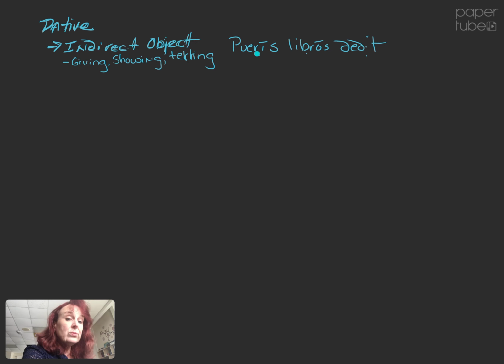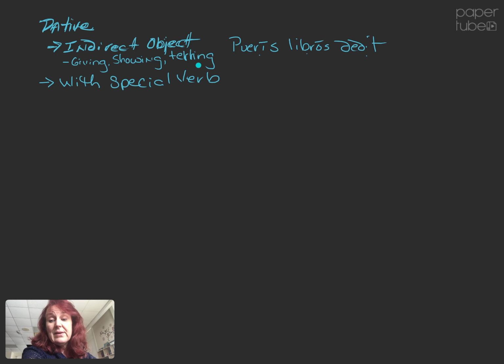Now that isn't the only use of dative. There are quite a few actually. You can also use dative with special verbs. You're like, well, what makes a verb special? Well, there are a lot of meanings that make a verb special, and it's not all the verbs that mean that meaning. So when you're using a new Latin verb and you're going to put something into the accusative to be a direct object, if it's a new verb, look it up in the back, because it may be that it takes the dative.